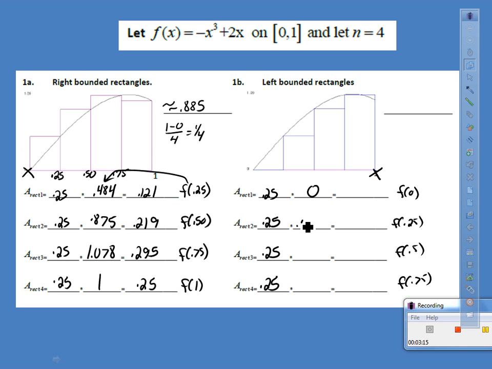And then I got 0.484, 0.875, and 1.078. Then of course I had a 0, a 0.121, that's what I get for getting in a hurry, a 0.219, and a 0.295 for an area of approximately 0.635. It's an okay estimate. It's far from good though.